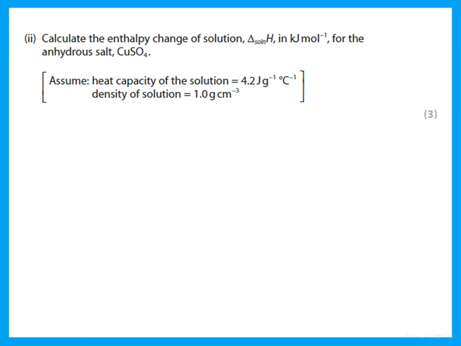Calculate the enthalpy change of solution for the anhydrous. Now, the anhydrous, we said Q is equal to mc delta T. He put a mass of 50 centimeter cubed, so that's 50 grams, times the 4.2, and he gave me a temperature difference of 16, so that is the Q in joules, and you can divide that by 1,000 to give the Q in kilojoules.